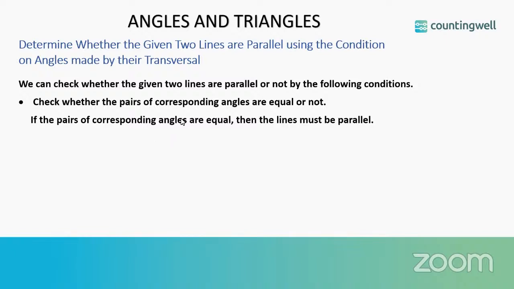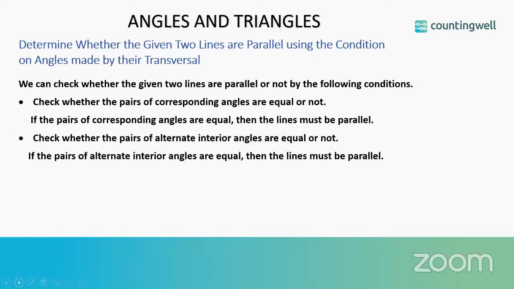Check whether the pair of corresponding angles are equal or not. If the pairs of corresponding angles are equal, then the lines are parallel. Check whether the pairs of alternate interior angles are equal or not. If the pairs of alternate interior angles are equal, then the lines must be parallel.